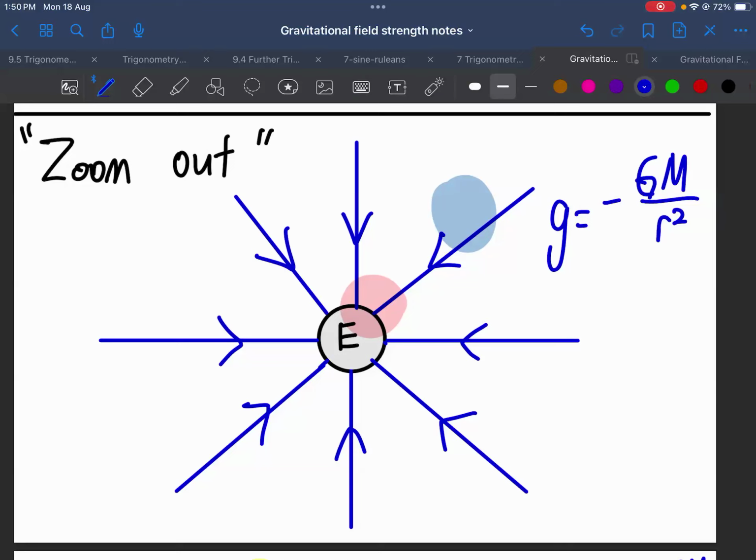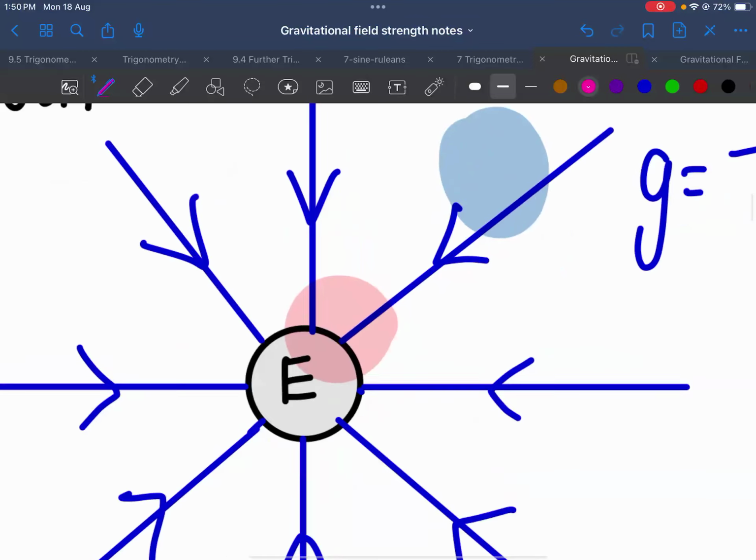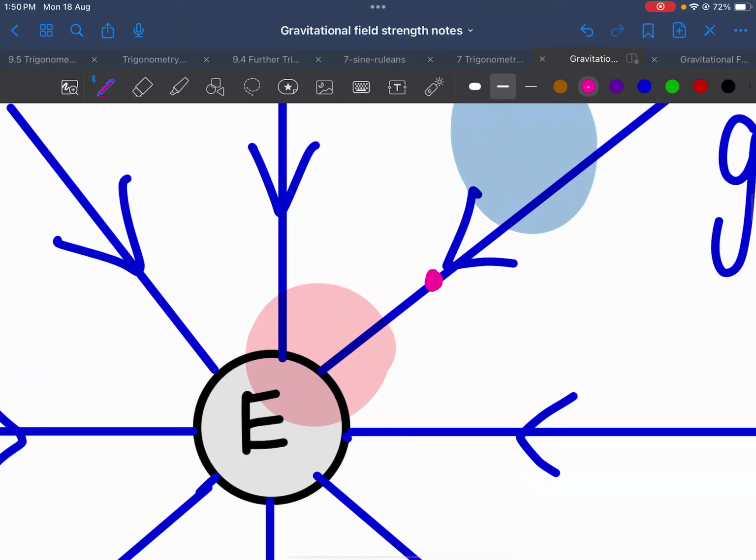If you ask me why the arrows must be shooting to the Earth, it's because the arrow represents the direction of force onto any mass here. I repeat, the arrows represent the direction of force onto any mass. You know that any mass will be attracted to the Earth, right?